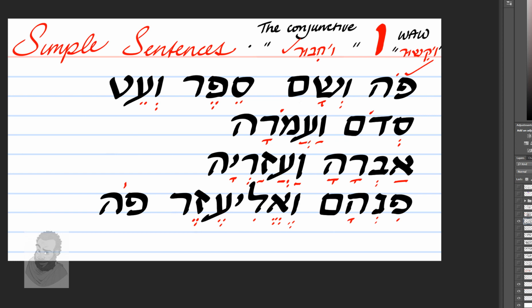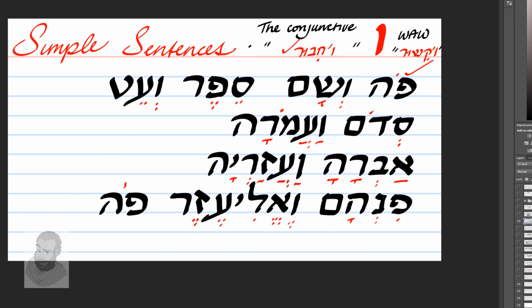So as soon as you see a composite shoah, you know that the preceding wow will take on whatever attribute the following consonant has. Okay, so this is wa ra, waramora.